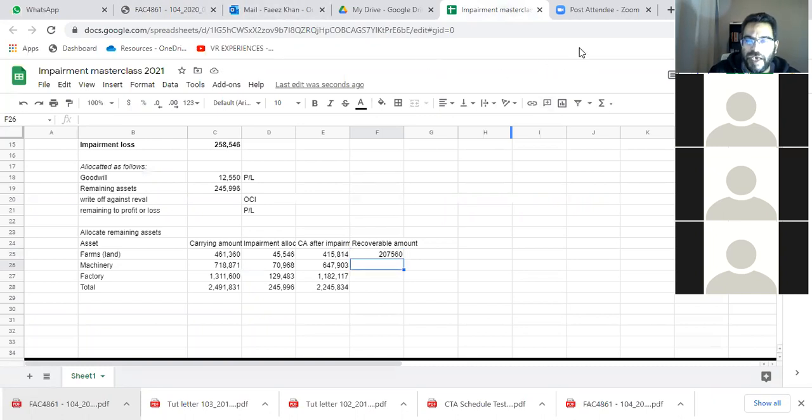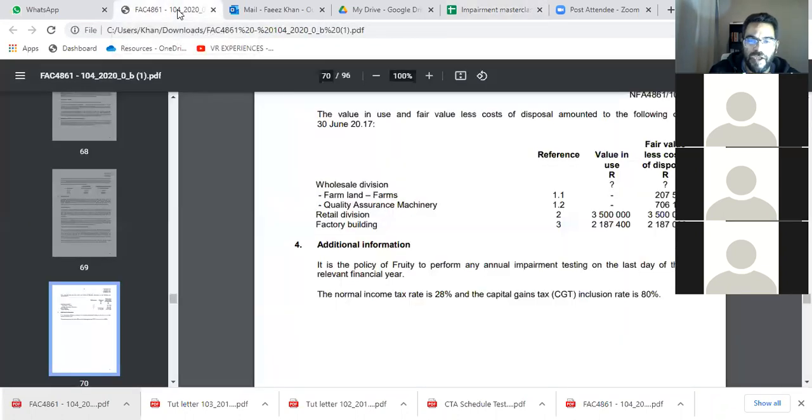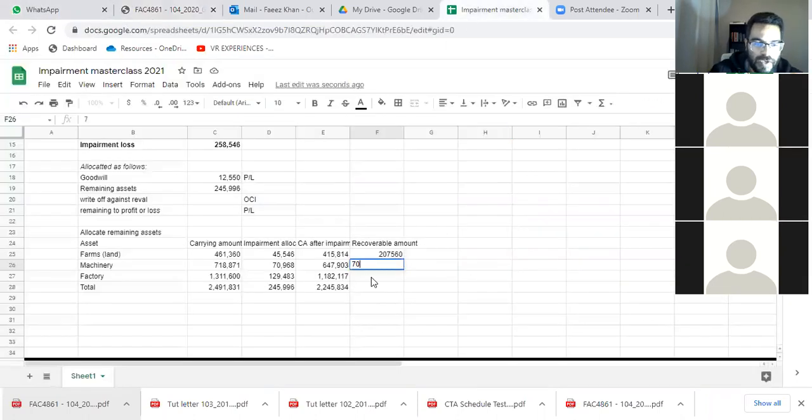Then we will have a look at the next recoverable amount. The recoverable amount of the machinery was 706,142. Then we will have the recoverable amount of the factory.